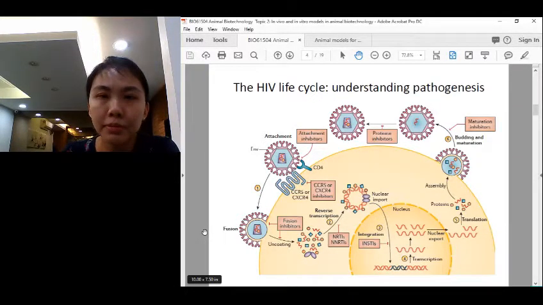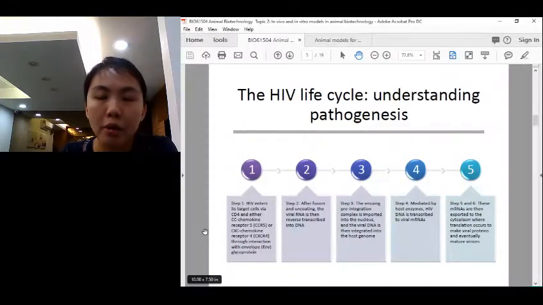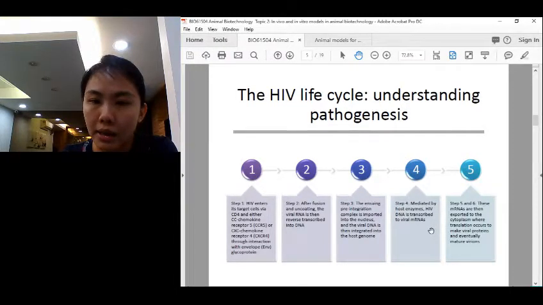So this is the recap of the stages of the HIV life cycle, where in step 1, they enter the target cell via the receptors, where they fuse and uncoat to release the viral RNA to be reverse transcribed, and it will integrate into the host genome, where they will produce the viral DNA, which will be transcribed and translated into the viral proteins, and they will be assembled into new viral particles again. Okay, so this is the summary of the HIV life cycle.